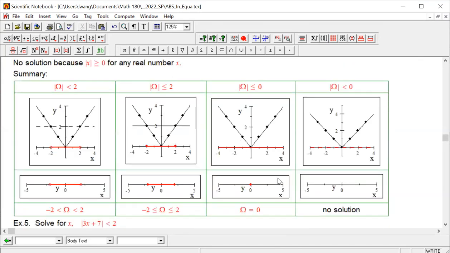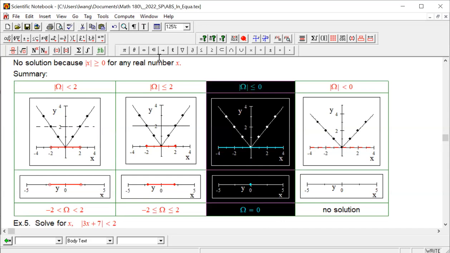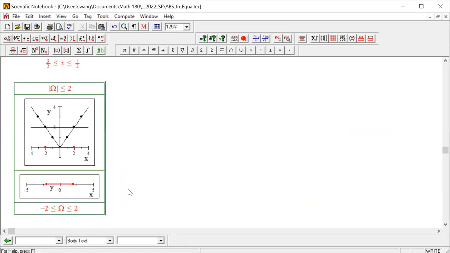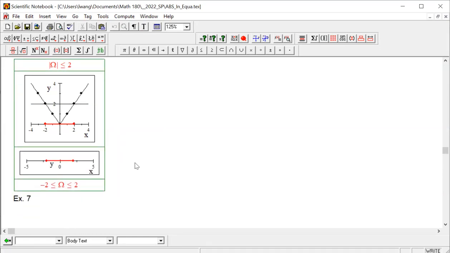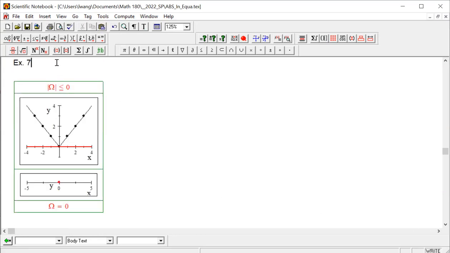Okay, the third case, example number 7, right? You find these models very useful if you understand them. I don't want you to rely on memorization. Rely on your understanding.